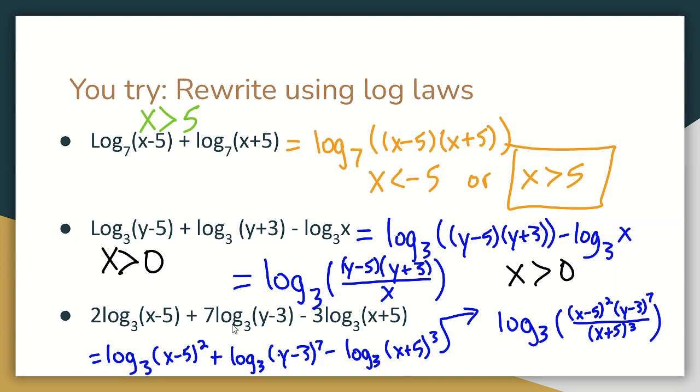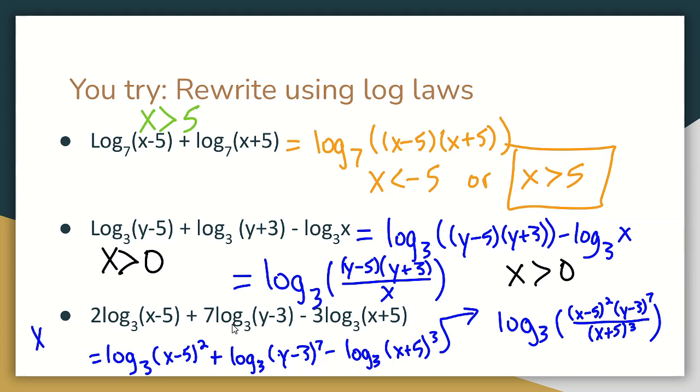And what I can see is that here, it doesn't matter what x is. This will be positive, so no restrictions there. Here, x has to be greater than negative 5. If it's negative 5, this will be 0. 0 to the 3rd is 0. That doesn't work.